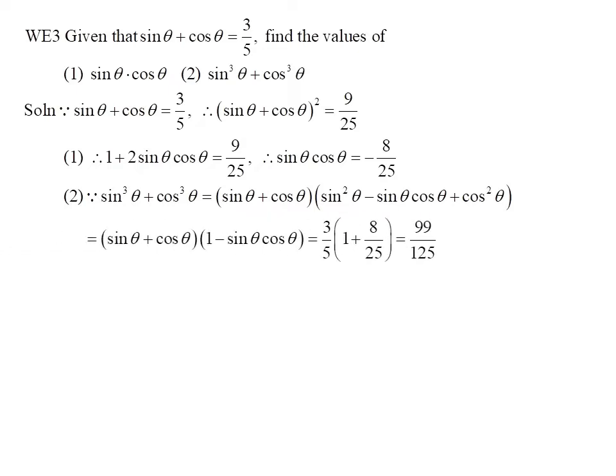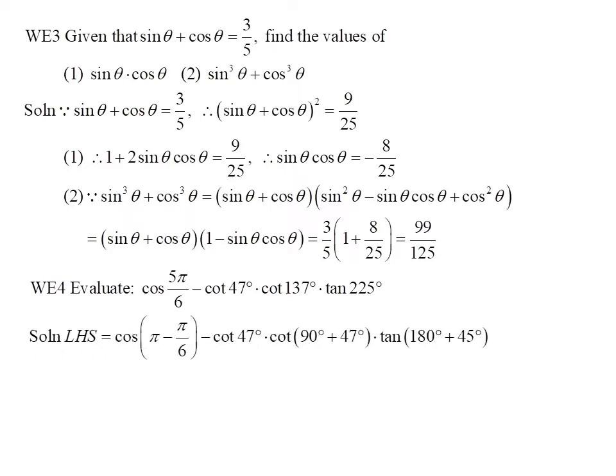After being factorized and simplified using the Pythagorean identity, sin cubed theta plus cosine cubed theta equals (sin theta plus cosine theta) times (1 minus sin theta cosine theta), which equals 99 over 125. Example 4 is to evaluate a trigonometry expression which can be simplified using supplementary and complementary relations.